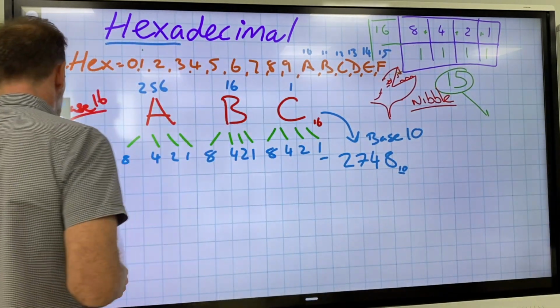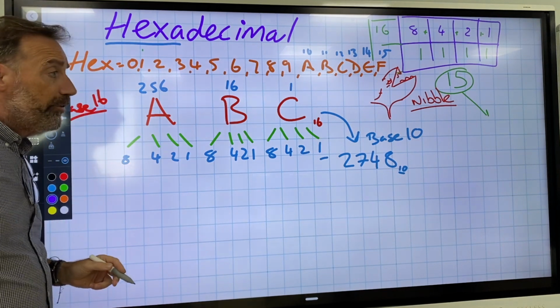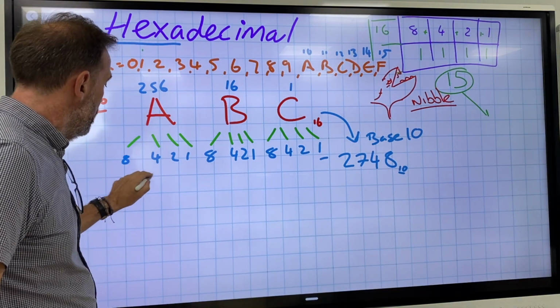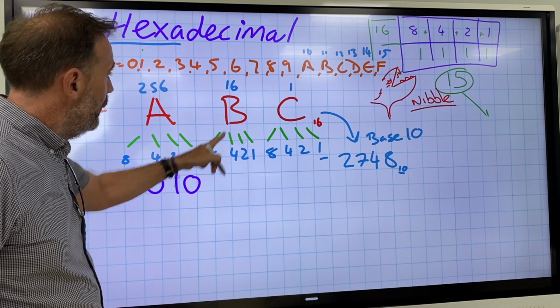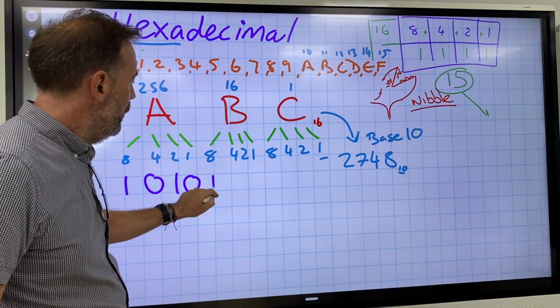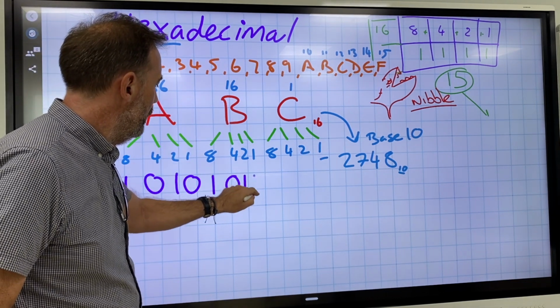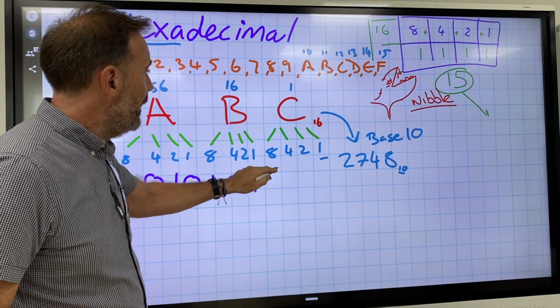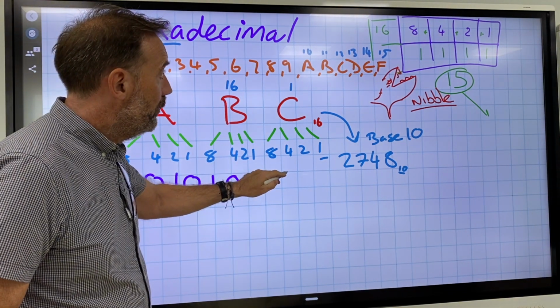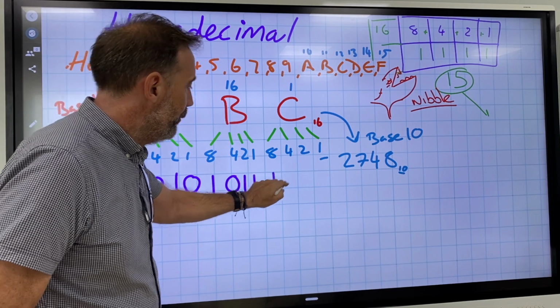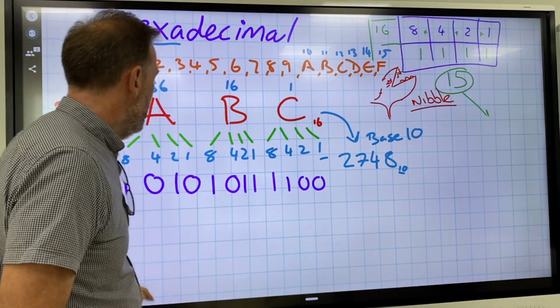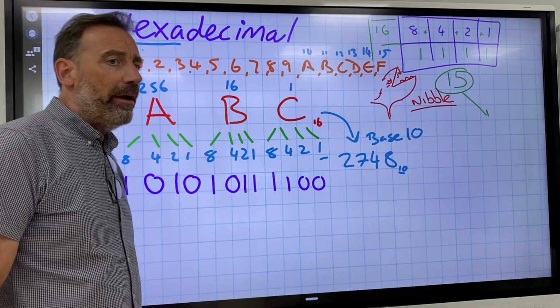So A is 10, B is 11, and C is 12. Okay, so that's my representation in binary.